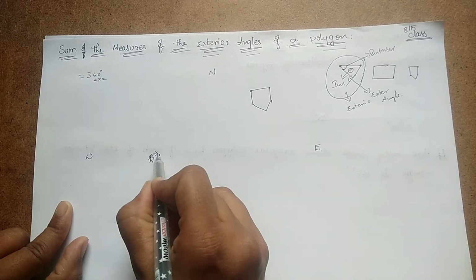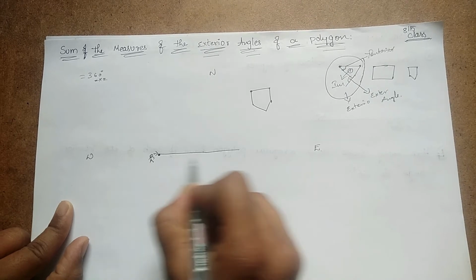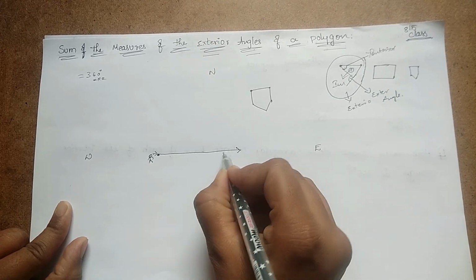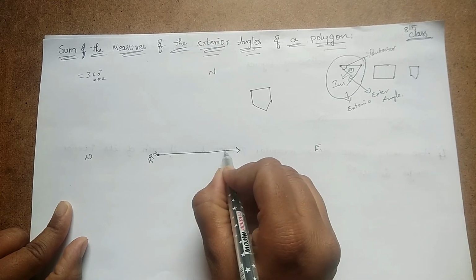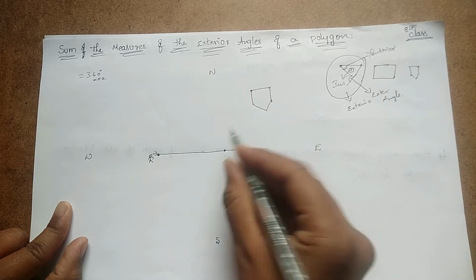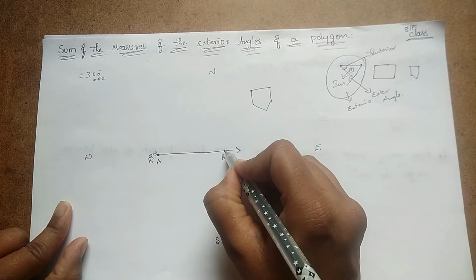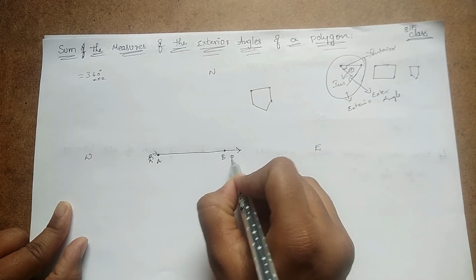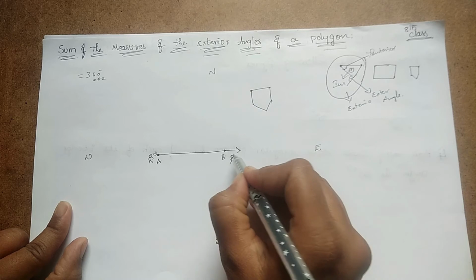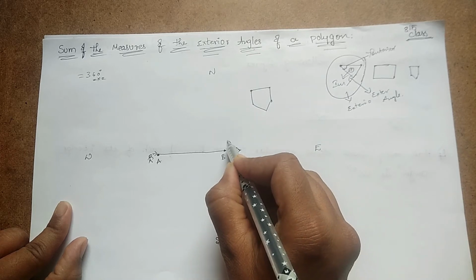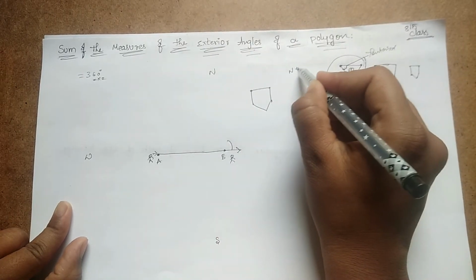If I walk for some distance and stop here, let it be point B, and this point is A, the starting point. Then, from facing east, I turn through some angle toward the northeast.